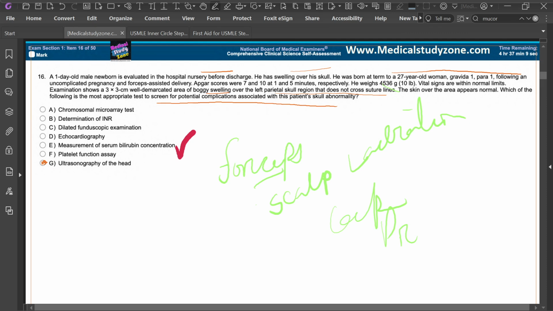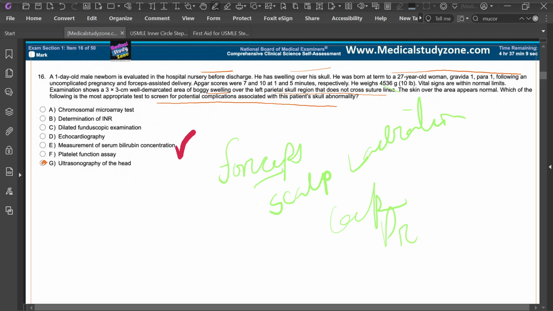Cephalohematomas commonly present, as in this patient, as a soft area of swelling bordered by cranial sutures without evidence of overlying skin changes. They are managed expectantly, with the majority resolving on their own.